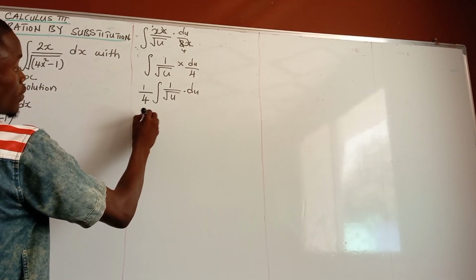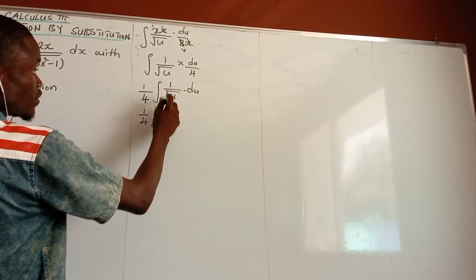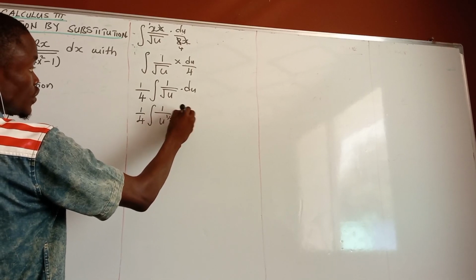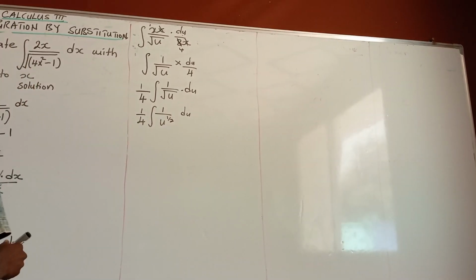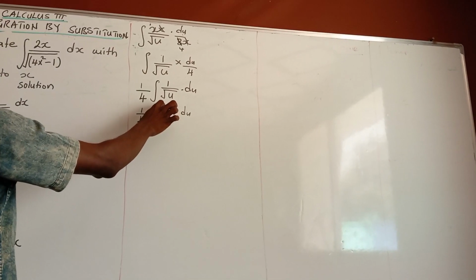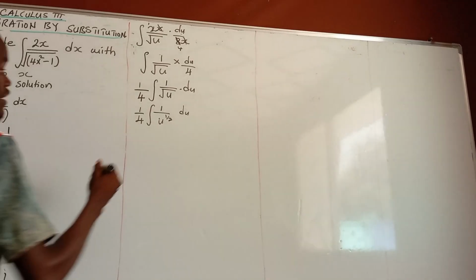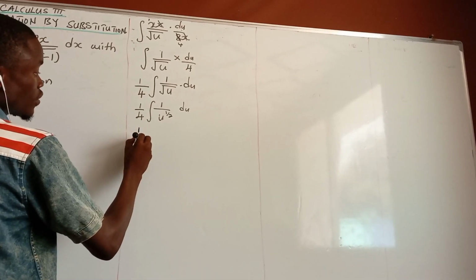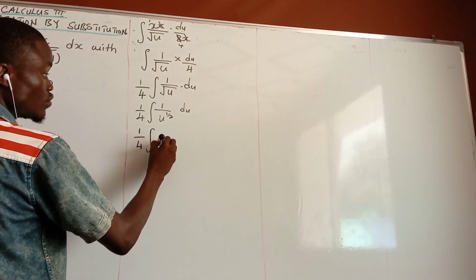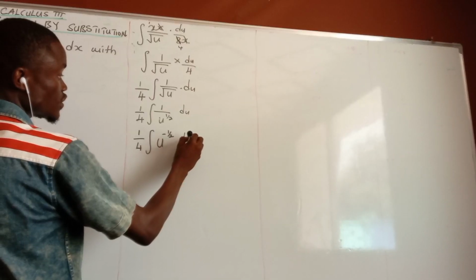So 1 upon 4, the integral, mind you, 1 upon this square root means half. So u, you change this fraction, that is 1 upon u raised to the power half, to negative index. So 1 upon 4, now you say u raised to the power minus half du.